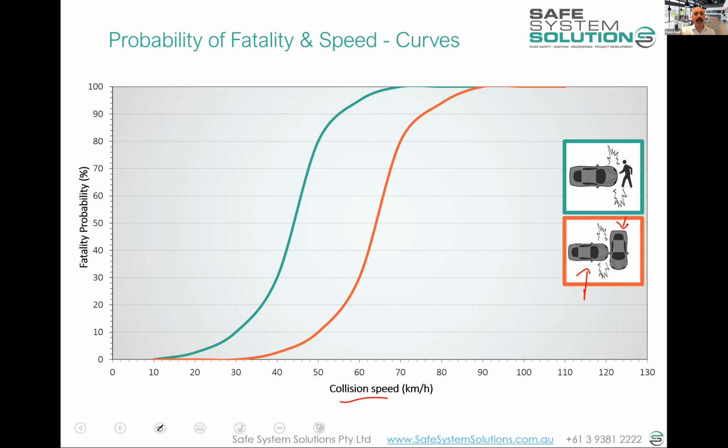And this is the chance of death of a target vehicle occupant, driver's side if struck driver's side, or passenger side if struck passenger side. And we see there a similar curve, but around that 50 kilometers per hour is where it goes really bad really quickly after that.